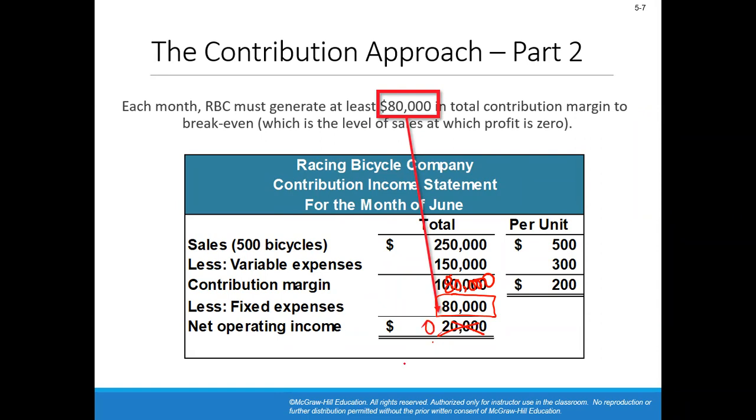The net operating income will become 0. This point is known as the break-even point, and in that case, the total contribution margin will be equal to the total fixed expenses.